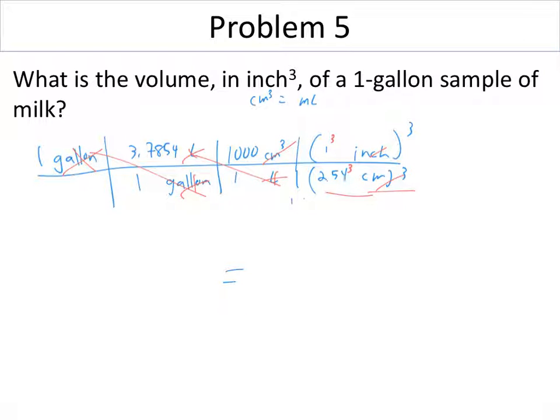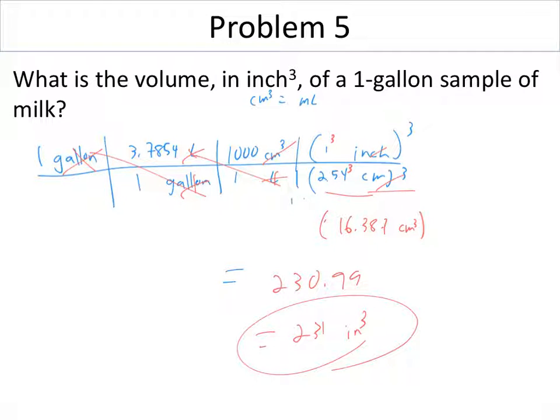Then I'm going to cube 2.54. It happens to be, let's write down that value, it happens to be 16.387 centimeters cubed. I'm going to divide my previous answer by that number, and I end up with 230.99, which is 231 cubic inches.